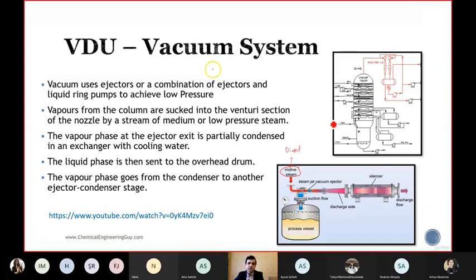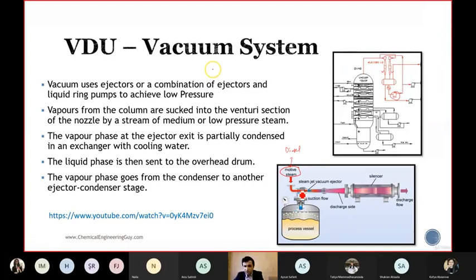It depends on the process, so it is decided in the design stage. And then you can see that we have two ejectors here, 1 and 2, and we have a pump here. The pump pumps the liquid with a high flow rate and higher speed, and then it goes into the ejectors.